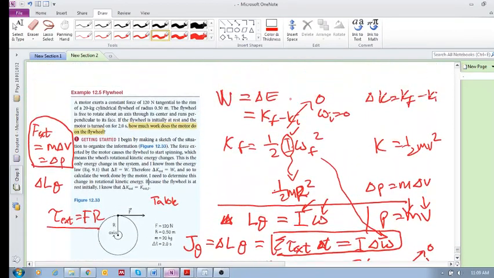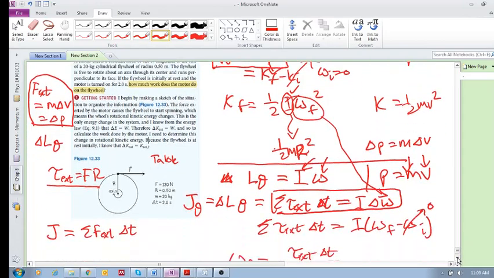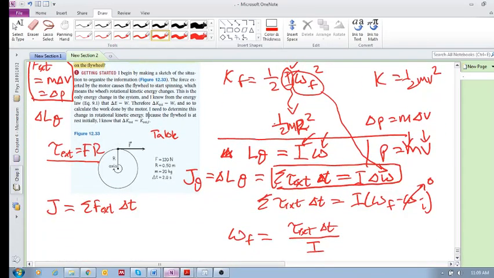The first big idea is this. Work is delta E, and we saw that the only energy change that we're considering is delta K. Then that is equal to half I omega squared. And how do we find this? It is by these relationships over here.